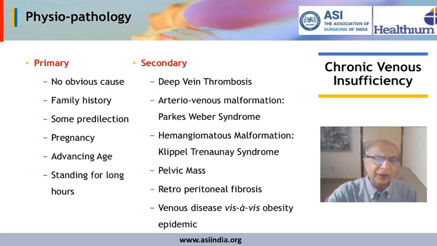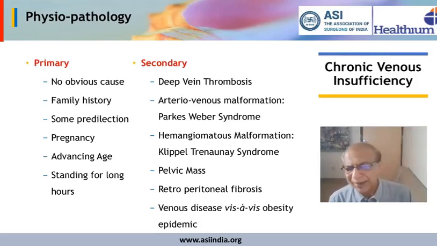However, there are also known secondary causes for this problem. Deep vein thrombosis. If there is a deep vein thrombosis, there will be a back pressure on the great saphenous vein. This problem, let me tell you, occurs almost universally in the lower extremity.